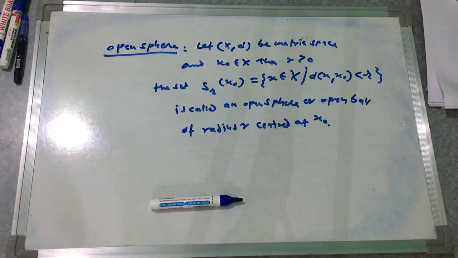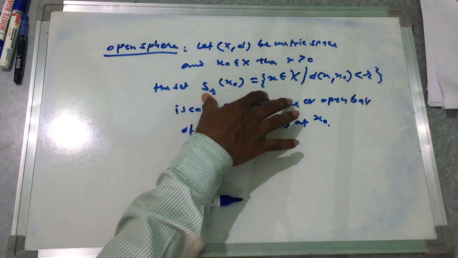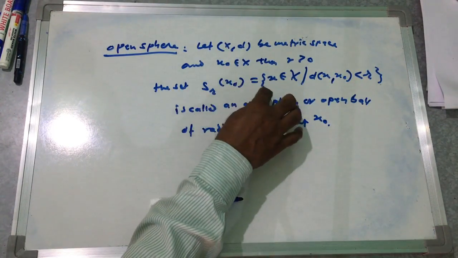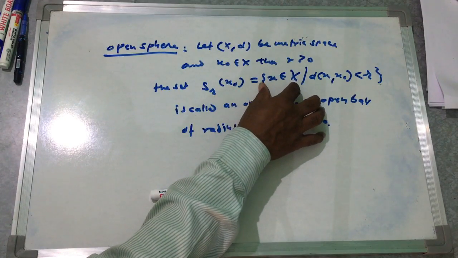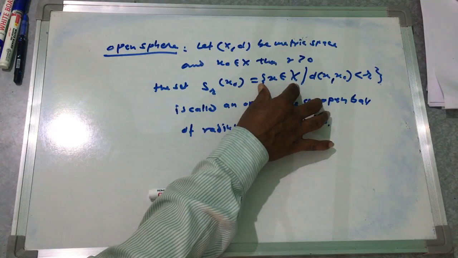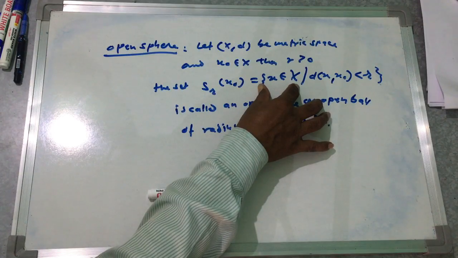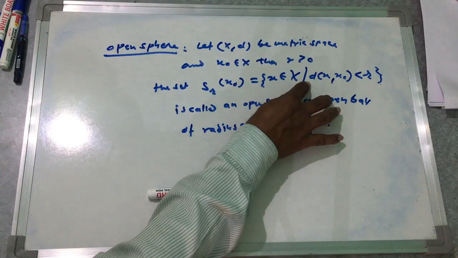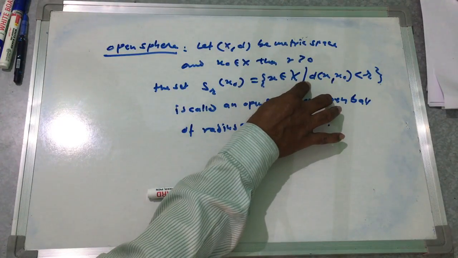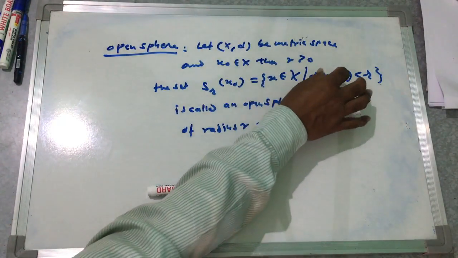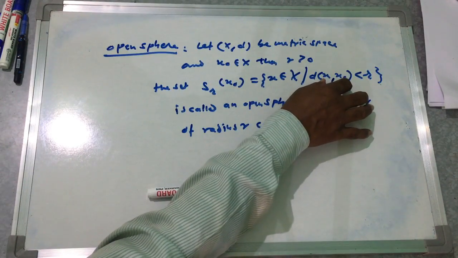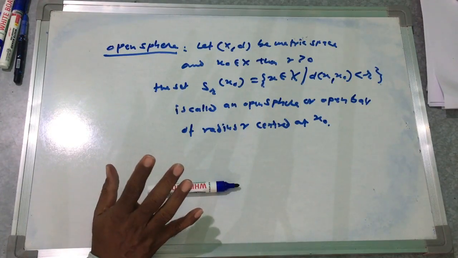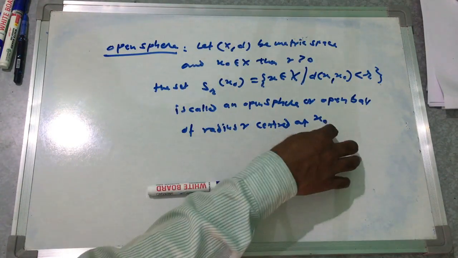So this is the open sphere. You have to remember this definition. This is the open sphere or open ball of radius R centered at the point x0.